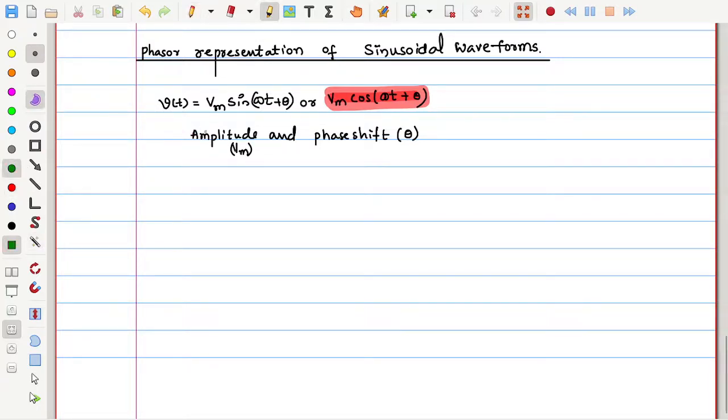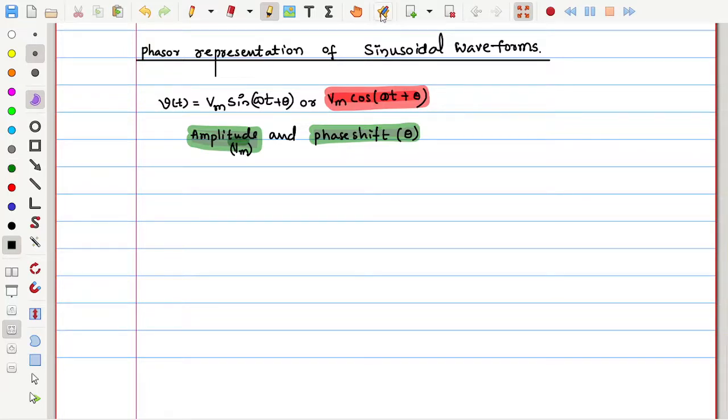And in the last session, when we introduced the lagging and leading concept, we saw the significance of this theta. If it is plus theta, we saw leading nature. If it is minus theta, we saw lagging nature.